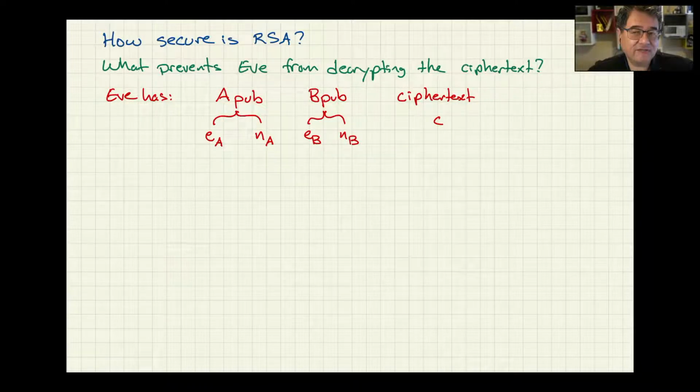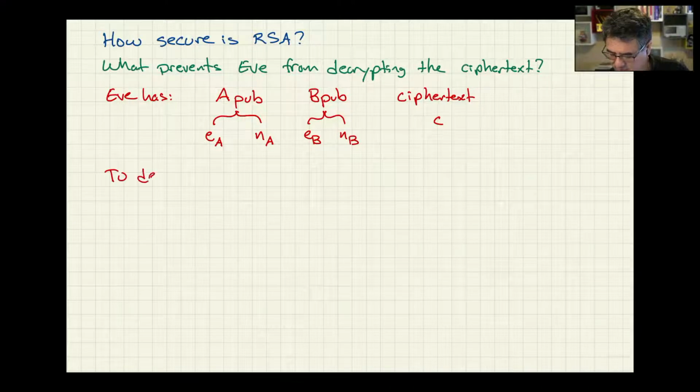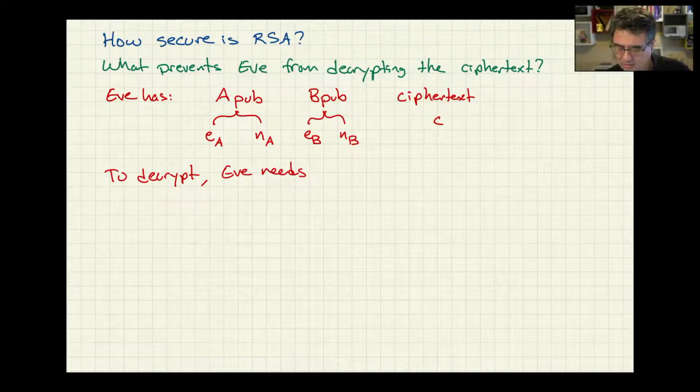So with these 5 numbers, can she derive the private keys of Alice and Bob? And you might be thinking, well, she has the modulus, right? Modulus was one of those numbers that we calculated. So to decrypt, what she really needs is D, that decryption exponent.